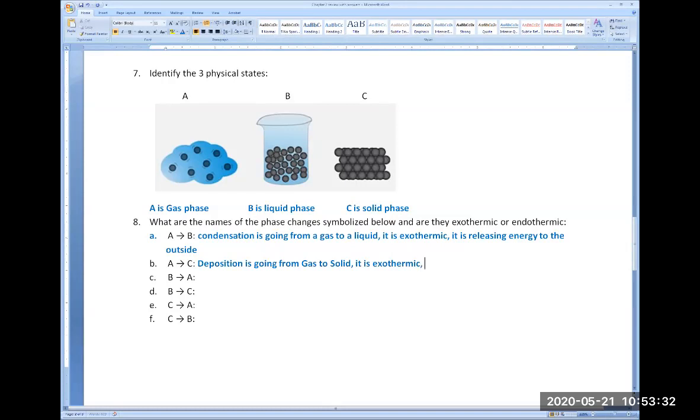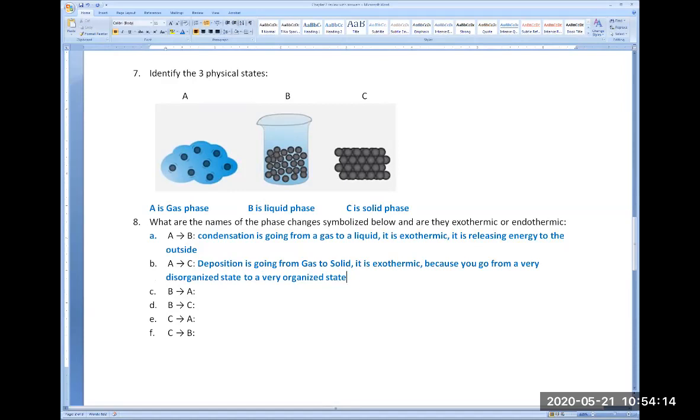It releases energy to the outside, because you go from a very disorganized state to a very organized state. It stabilizes the substance a lot, and when you stabilize a substance, you always lower its amount of energy, and that means energy has been released to the surroundings.